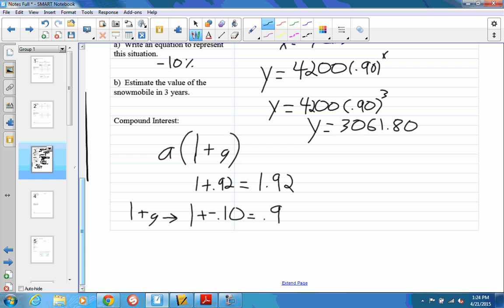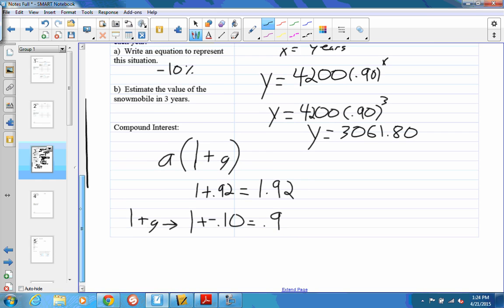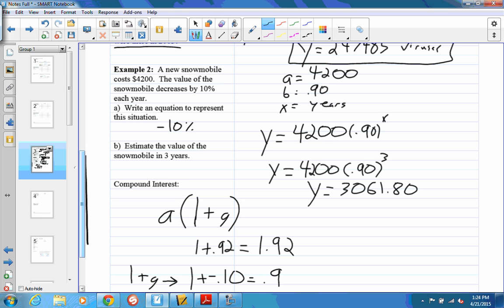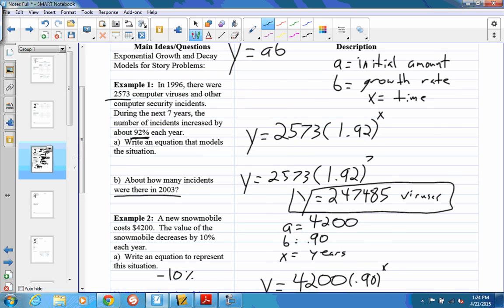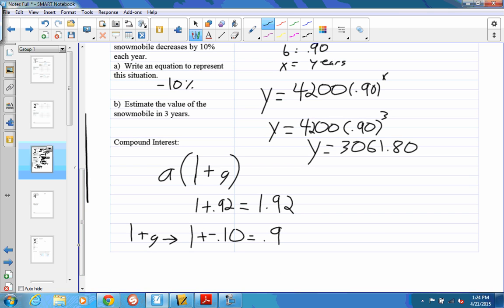I just subtracted from 1 instead of adding to 1. On my snowmobile, I decreased by 10%, so I took 10% away from 1. On my increasing, I was increasing by 92, so I added 92. The 1 is there in both of them. In exponential decay, I subtract. In growth, I add.